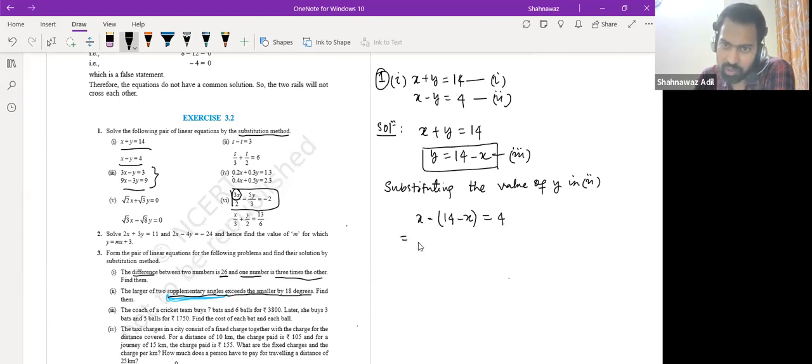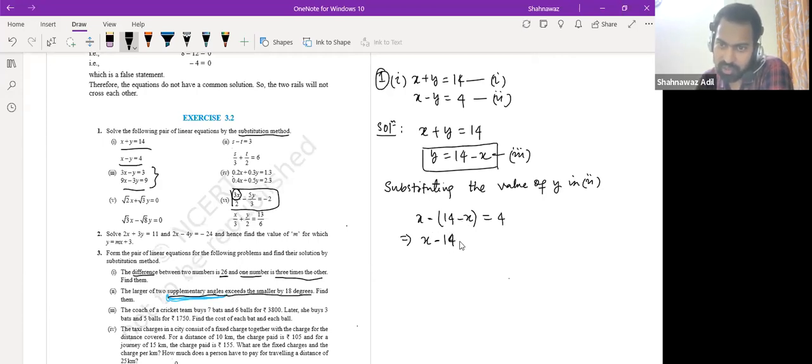So this would be what? x minus of 14, and in here what we will have? You are doing the first question? I thought you were doing the third question because you highlighted that. No, we are doing only the first question. Oh, sorry.